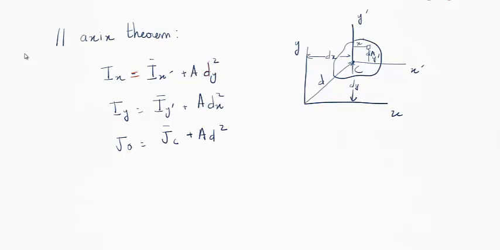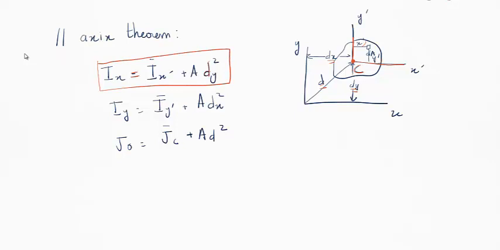Now here I have the drawing, just to better represent it. Let's say we have the centroid here, C. We have dy here, dx, and d. And let's call this x bar, and this is y bar. And we have y prime and x prime. So again, Ix is Ix bar plus A dy squared.